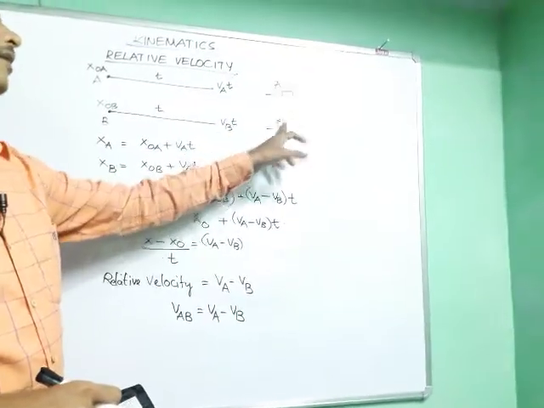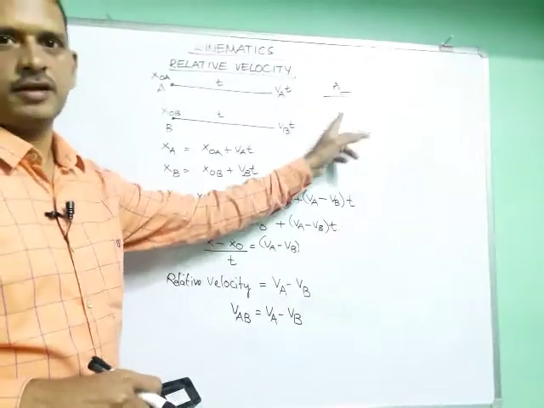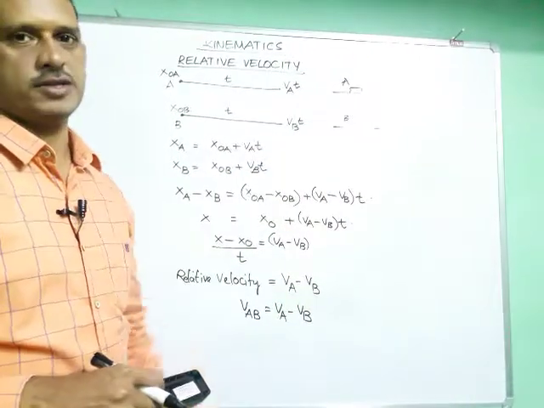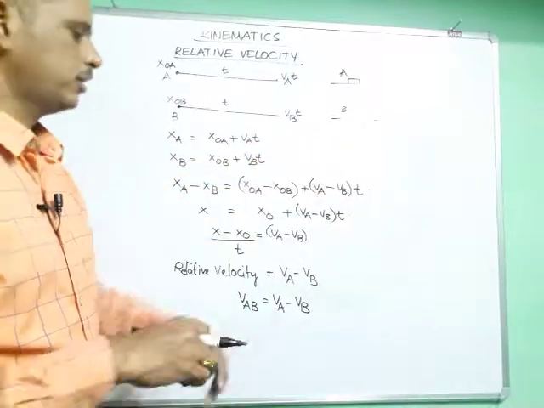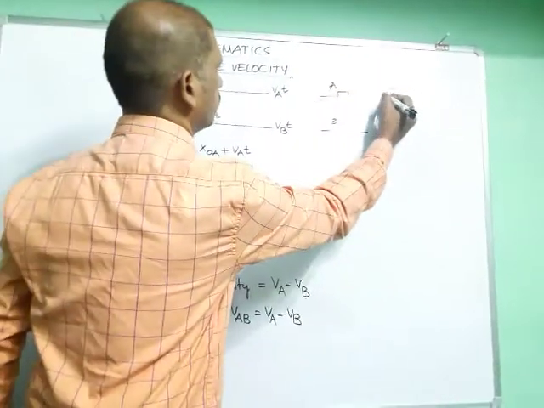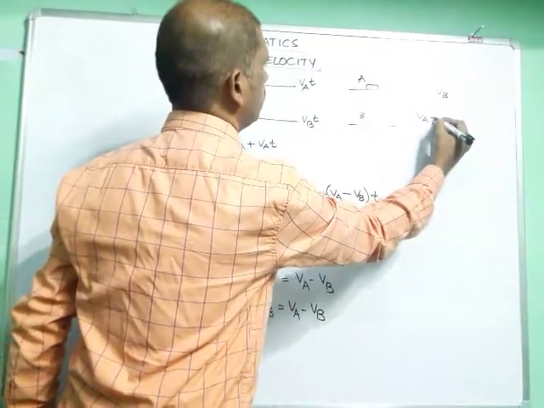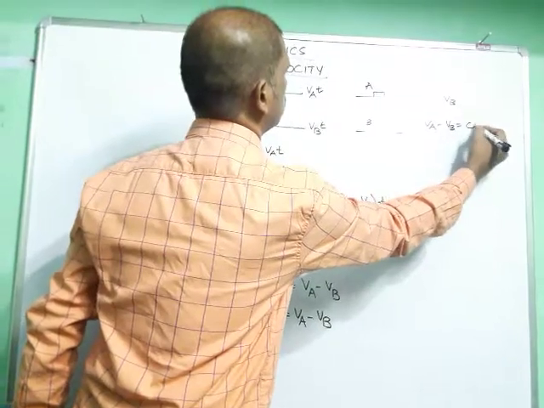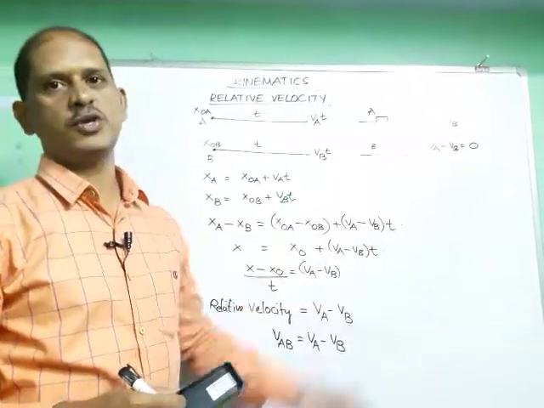For A, B appears to be at rest, but both are moving with the same velocities. So VA and VB are the same, VA is equal to VB. So VA minus VB is equal to 0. So the relative velocity is 0 here.